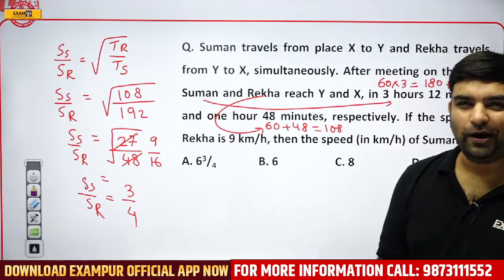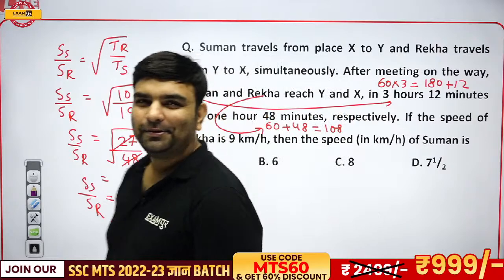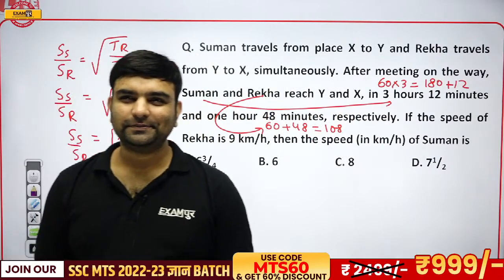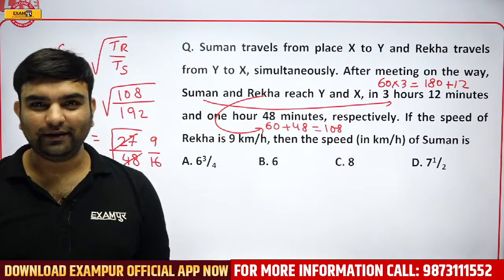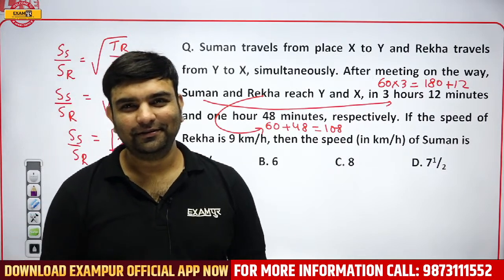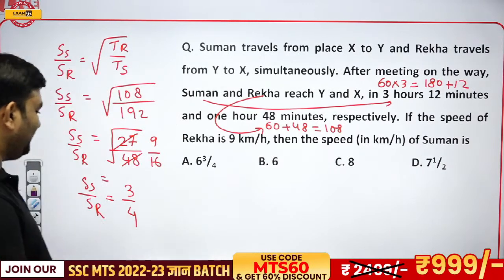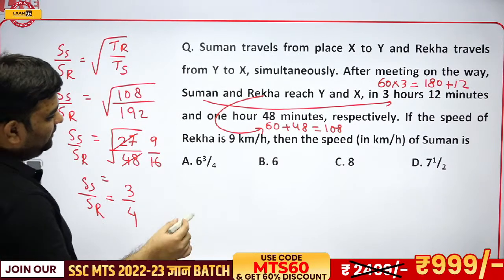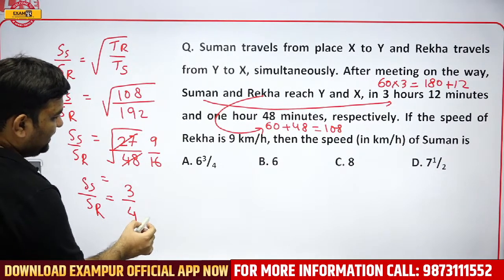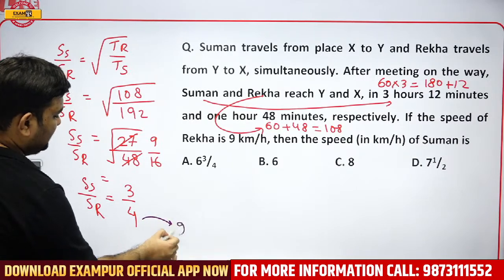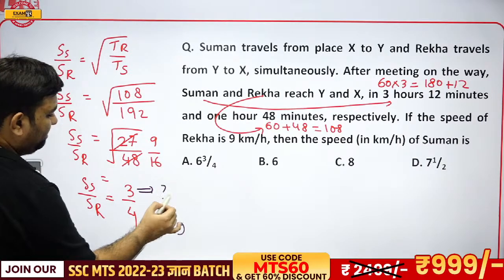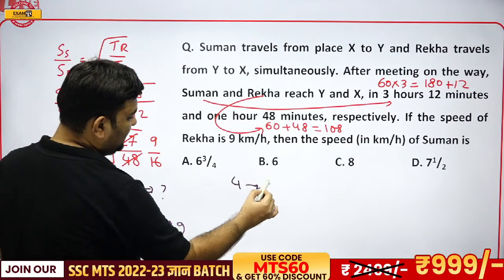Are you doubting? Okay. Rekha's speed is given as 9. 4 is given as 9.